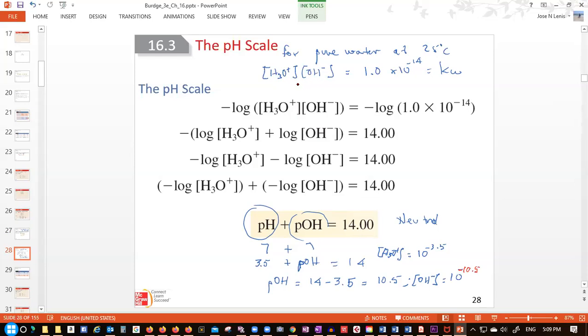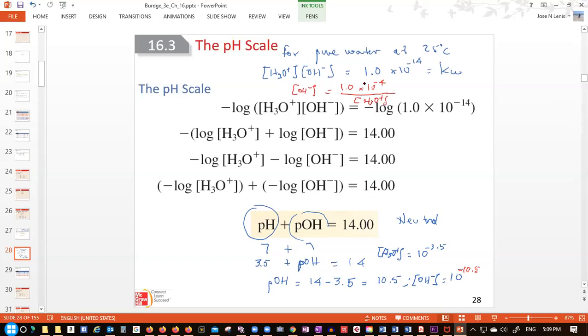So the concentration of OH minus equals 1.0 times 10 to the negative 14 over the concentration of H3O plus.